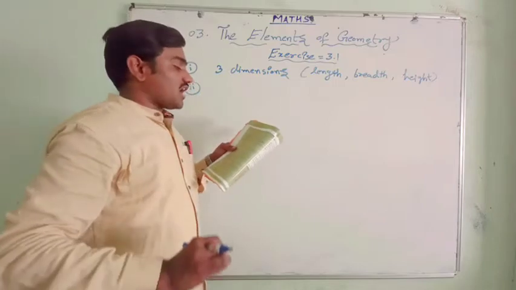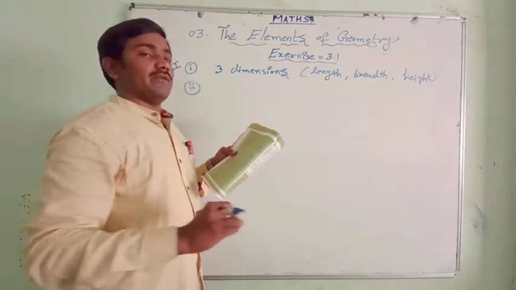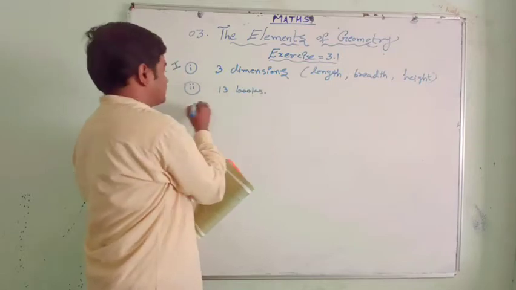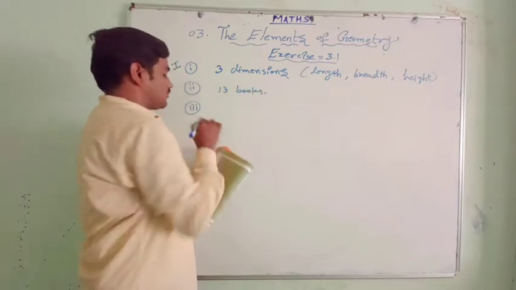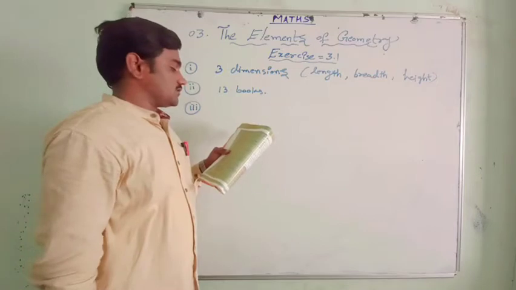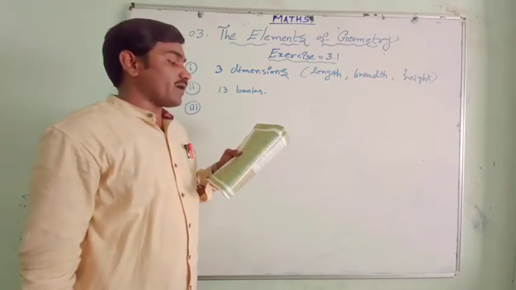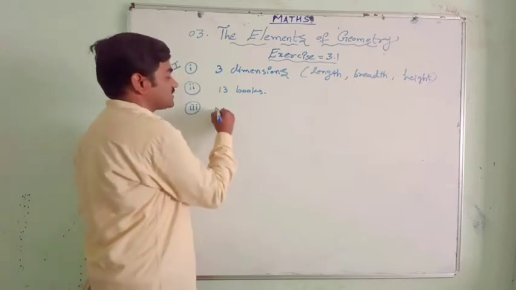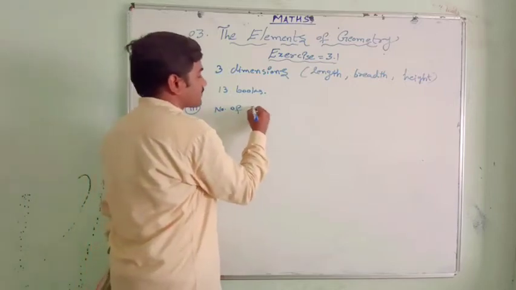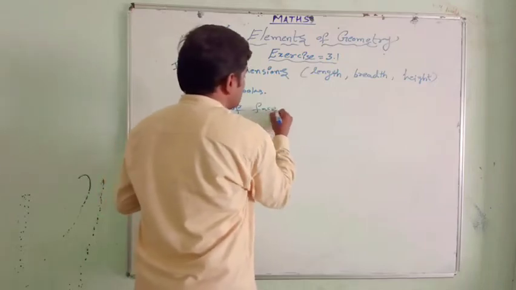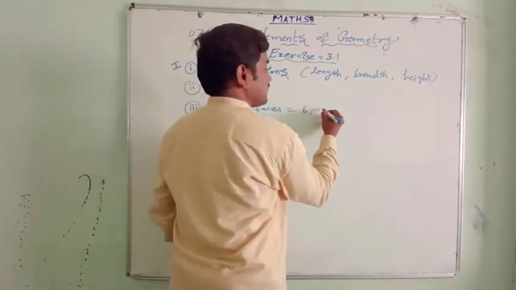How many books are there in Euclid's Elements? There are 13 books written by Euclid. Write the number of faces of a cube and a cuboid. The number of faces is 6 and 6.